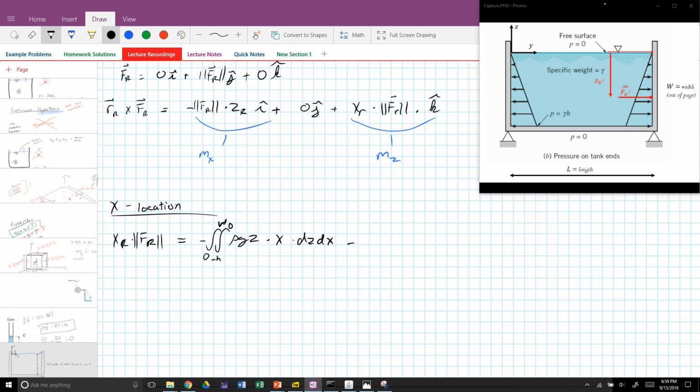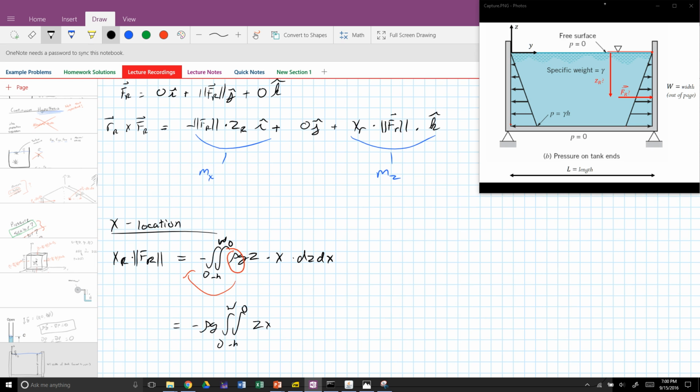We are assuming that this component is constant, so we can move it outside of the integral, giving us negative rho g, 0 to w, negative h to 0 of zx dz dx.